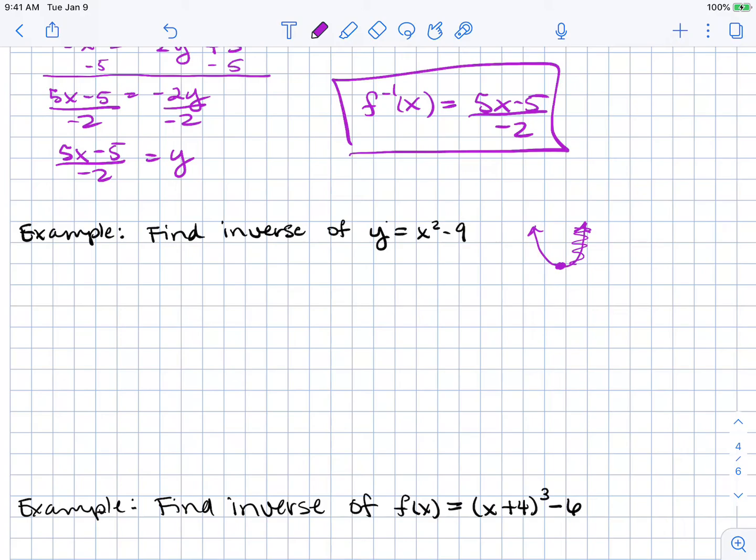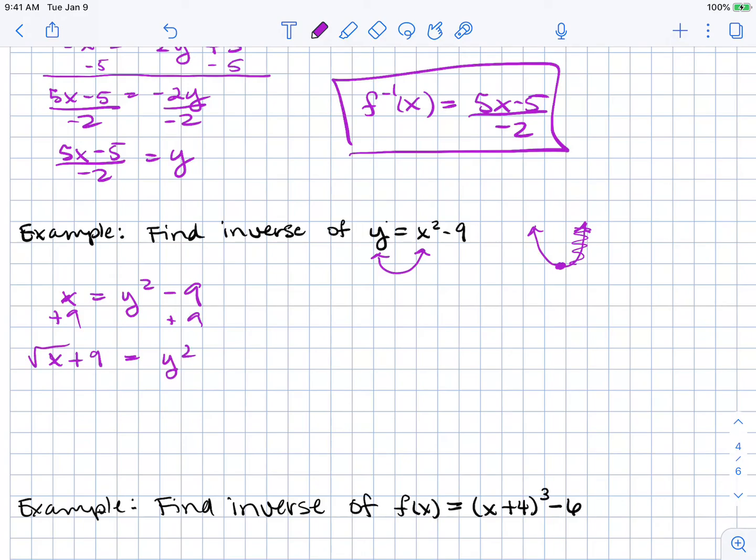But I'll just do the math for now and say I need to switch these two things places and say x equals y squared minus 9. When I add 9 to both sides, I get x plus 9 equals y squared.